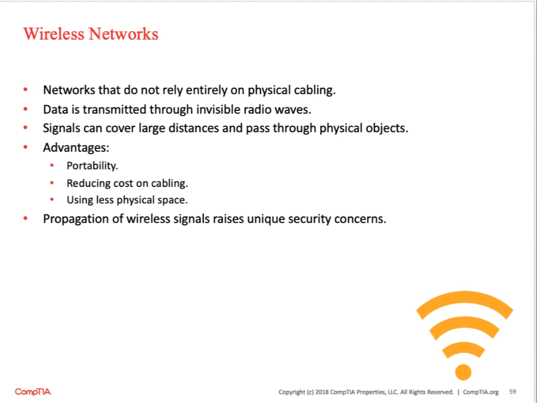So the advantages of wireless networking are going to be portability, saving on cabling, and being able to get through physical spaces, and this is going to make wireless communication really powerful. However, because wireless signals are just that, in the air, this is going to raise unique security concerns.